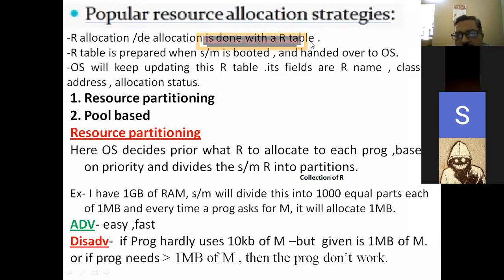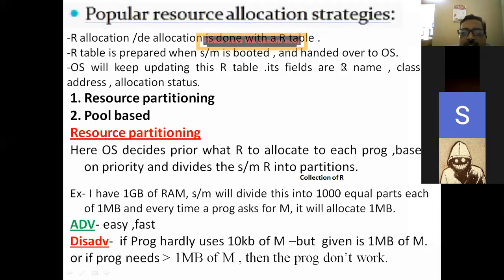What is RT? RT is the resource table, which we saw in the last slide. This resource table is prepared when the system is booted, or when you switch on the system. The OS will sense whatever input and output devices are connected to the computer system, and the OS will prepare the resource table. The OS will keep on updating this resource table.